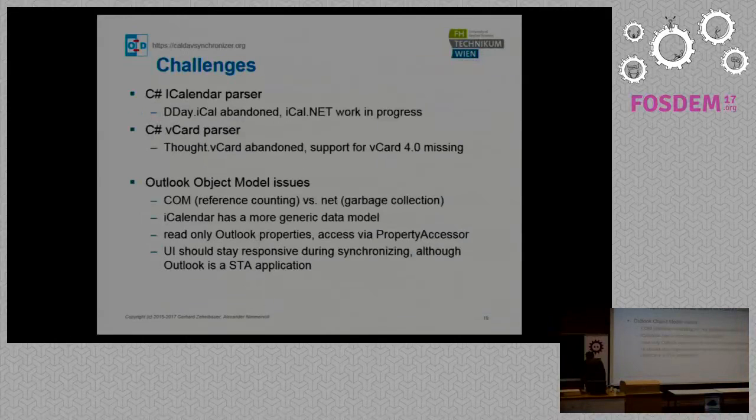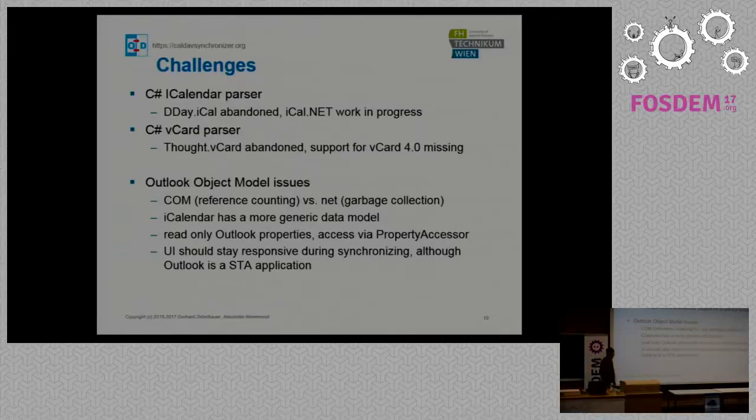There are some challenges, of course. We are dependent on C# iCalendar and vCard parsers. Both projects are rather abandoned, and they desperately need a developer. Some features are missing. We forked the vCard library already and did some bug fixes because no one else is maintaining those projects.